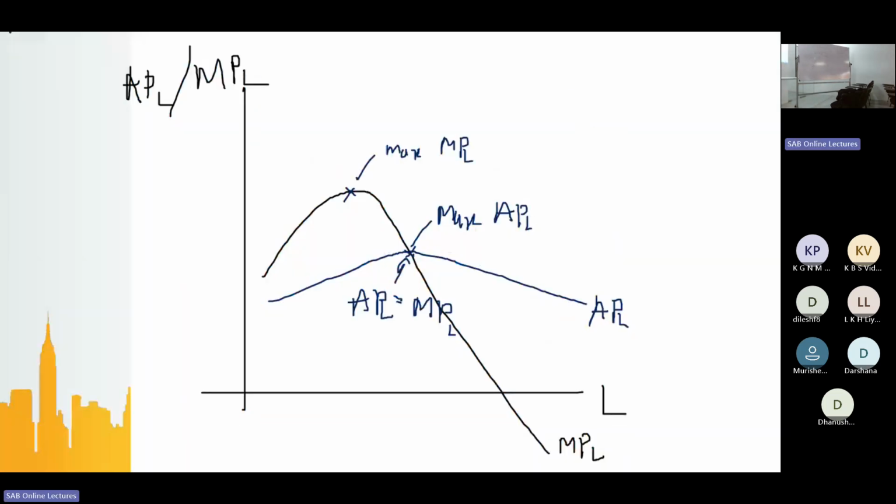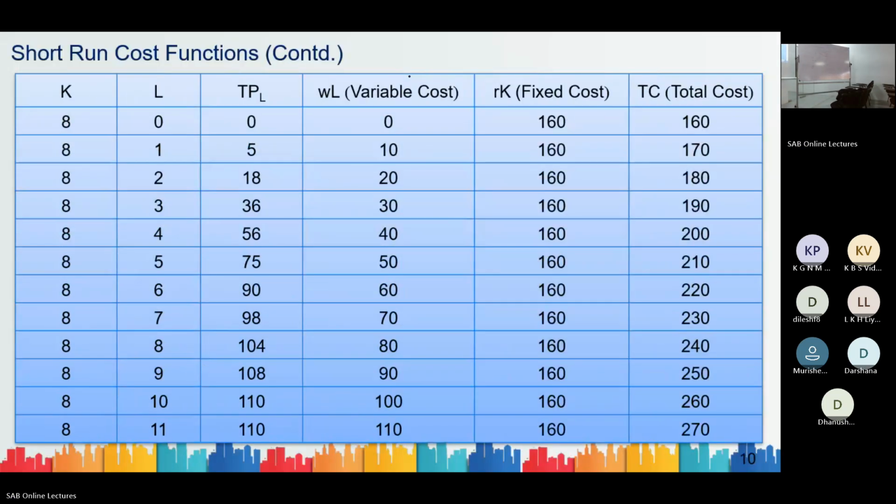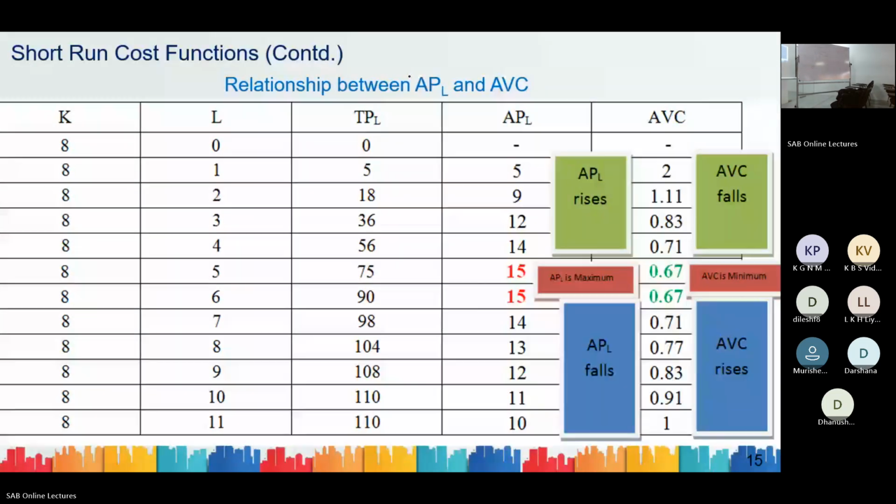So let's relate average product of labor to average variable cost. And let's relate marginal product of labor to marginal cost. Let's see how average variable cost is behaving. This is the behavior of average product of labor, the same numbers we showed previously.